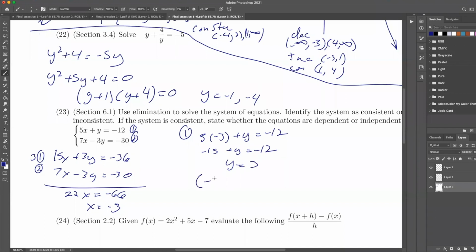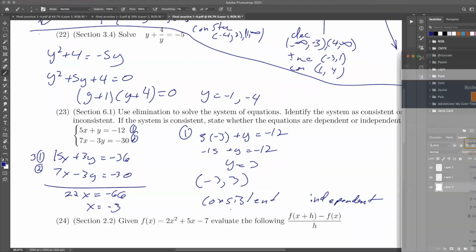And so my solution set should be negative 3, 3. Since we have a single solution, it is consistent. And since we have a single solution, it's independent. Sorry, consistent and independent.